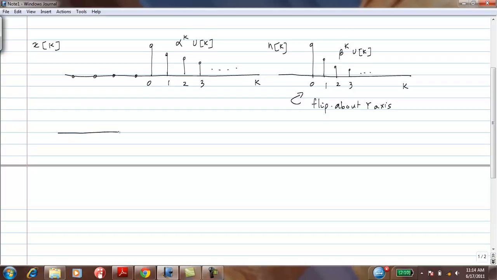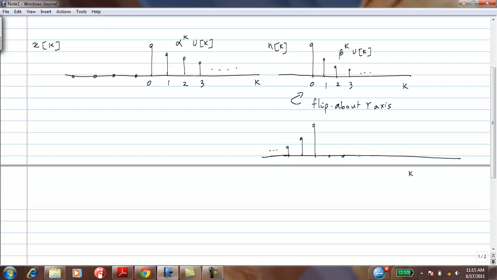So I begin by computing h of minus k. So h of minus k is going to look like this. So now this will be non-zero only for negative values of k. So the axis here is k.